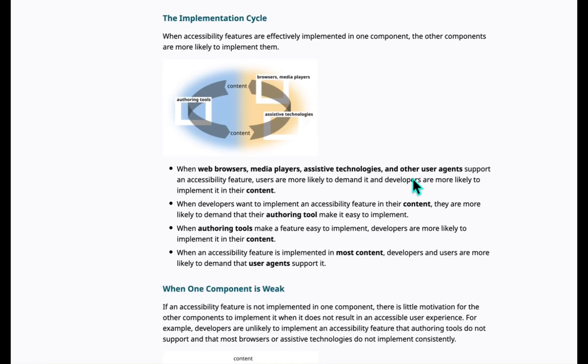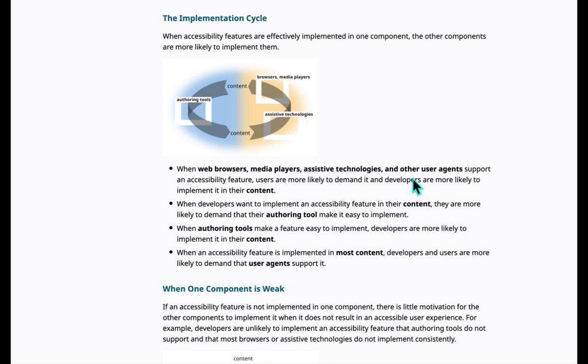When accessibility features are effectively implemented in one component, the other components are more likely to implement them. There is a graphic image here, which has the authoring tools on one side, browsers, media players, and assistive technologies on the other side, and there is content that flows within these three components.